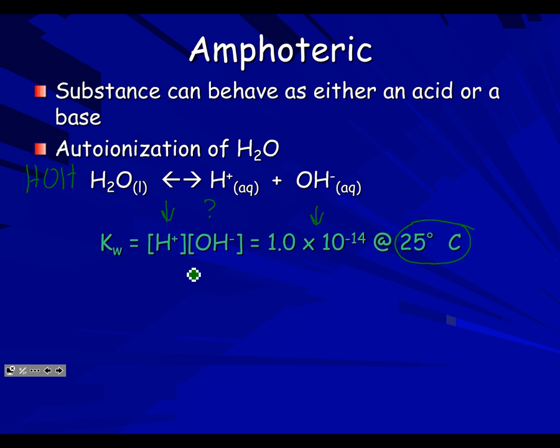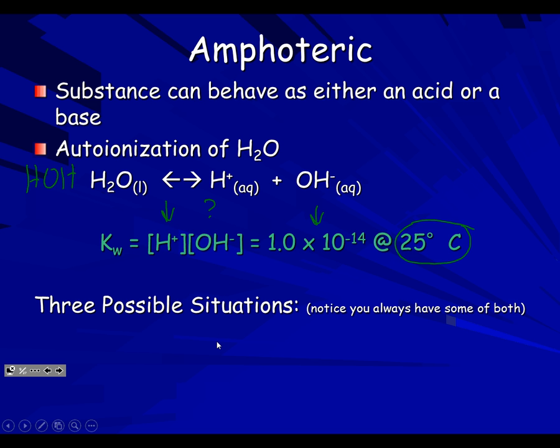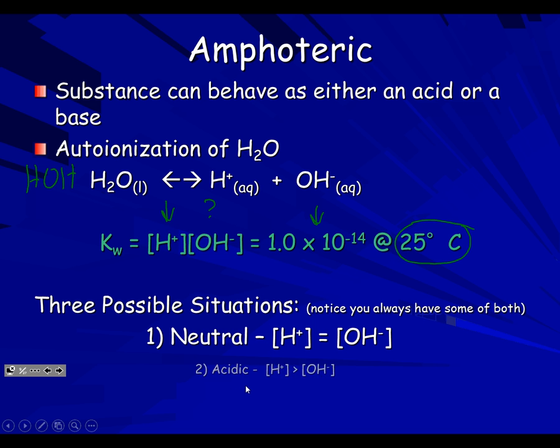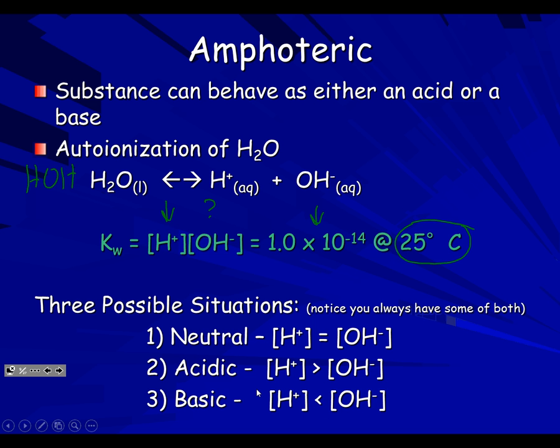And the reason that you can do this is no matter what solution you're looking at, you always have some of both. You always have some hydrogen and you always have some hydroxide. In some of them you have more hydrogen than hydroxide. Some you have more hydroxide than hydrogen. And sometimes they're equal to each other. But in every single case, you always have some of both.